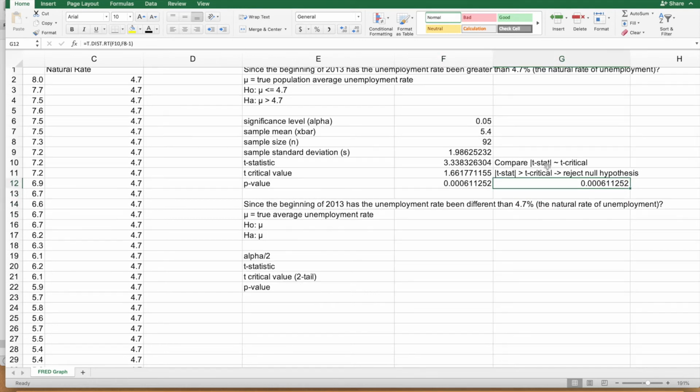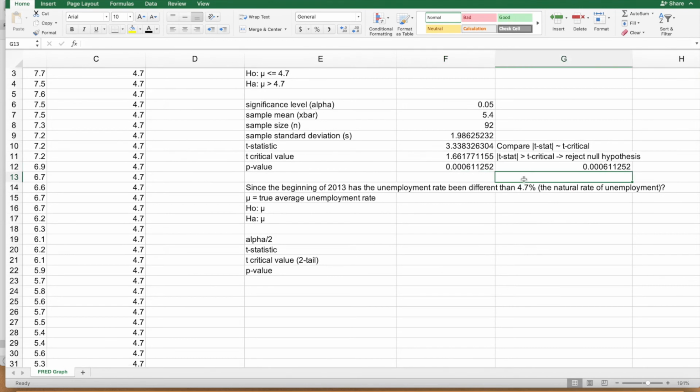Okay? So now for the p-value approach, what did we do? Compare p-value and significance level. Now, this is a one-tailed test. So remember, for a two-tailed test, it's a little bit different than this because we're going to compare the alpha over 2 to the p-value.